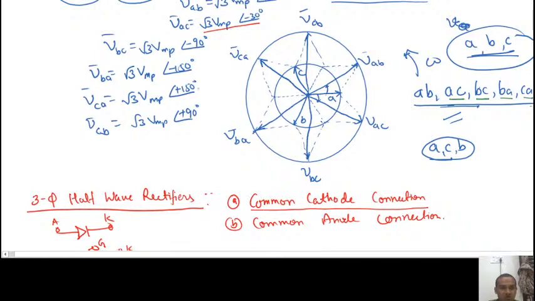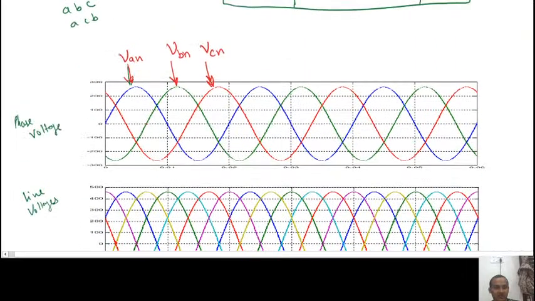So you can also write it as root 3 VMP angle minus 210 degrees, and this will become root 3 VMP angle minus 330 degrees for AB. Now it will be easy to identify.